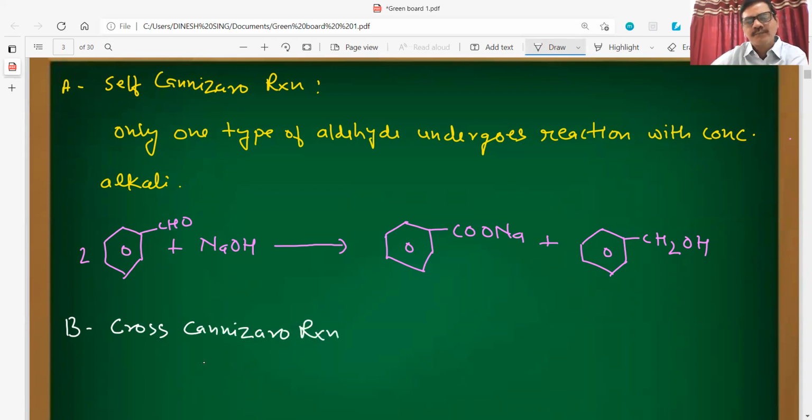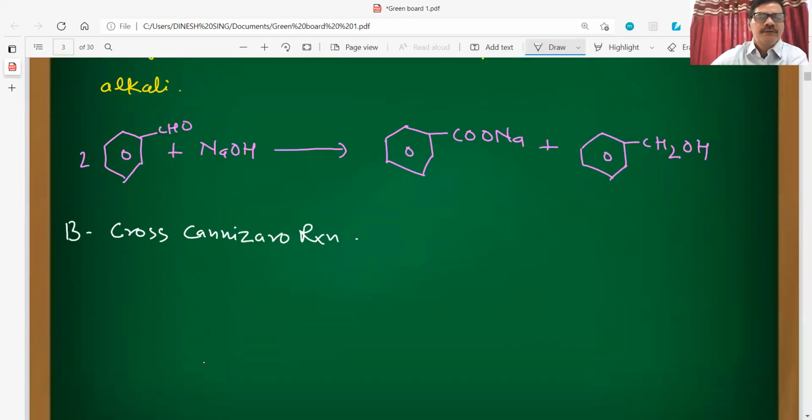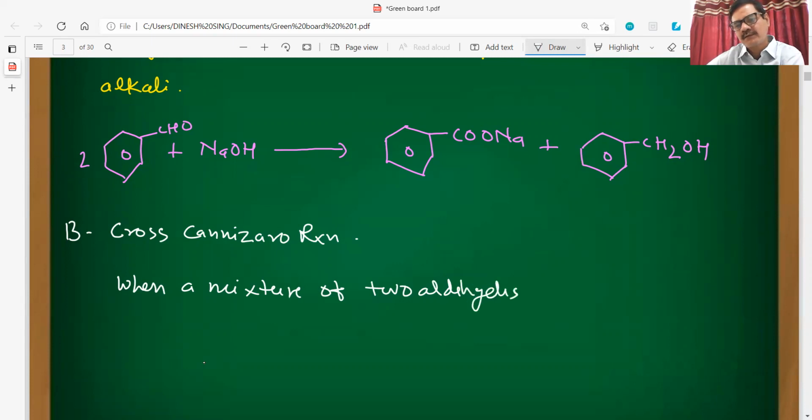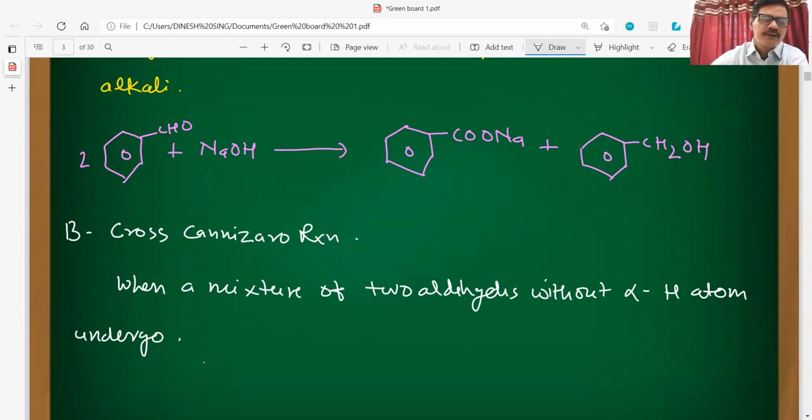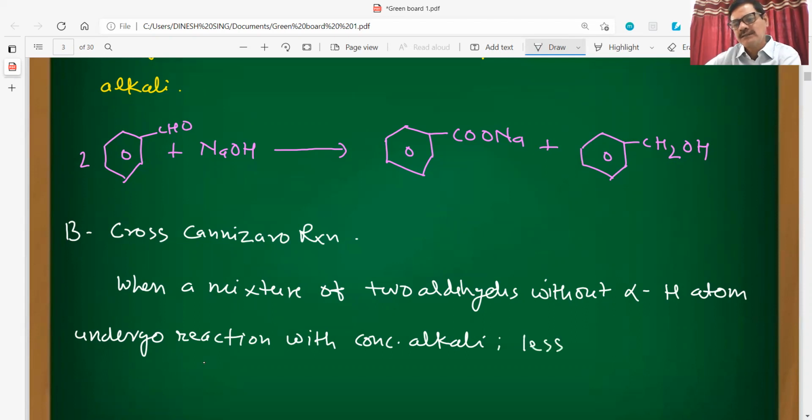Cross Cannizzaro reaction is when a mixture of two aldehydes without alpha H atom undergo reaction with concentrated alkali. Less reactive aldehyde.